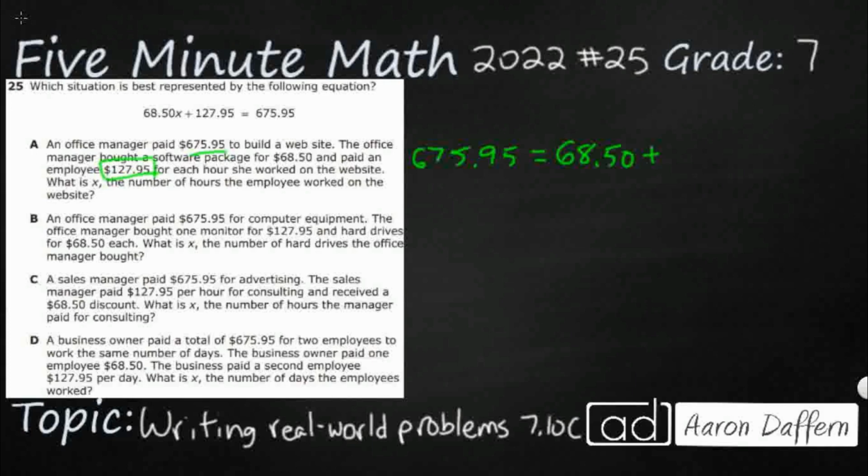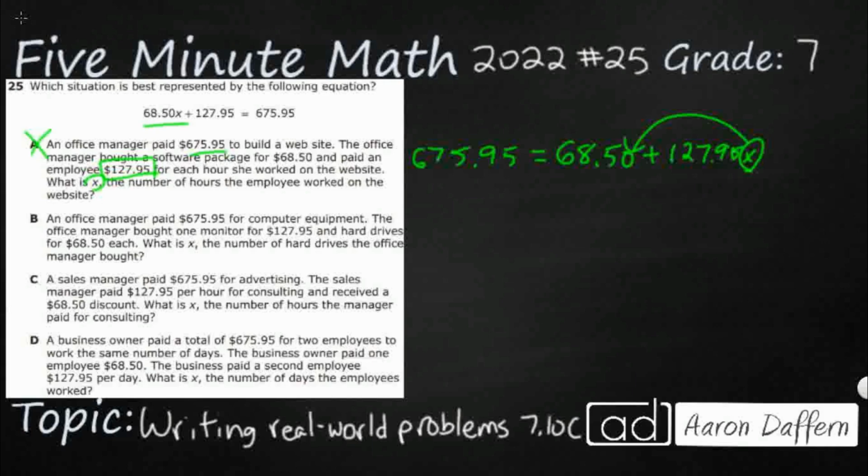Plus 127.95 per hour. An hour is X. All right. Well, it looks great, except for my variable X is on my 127.95. It needs to be right there on my 68.50. Okay, so close. Let's try B.